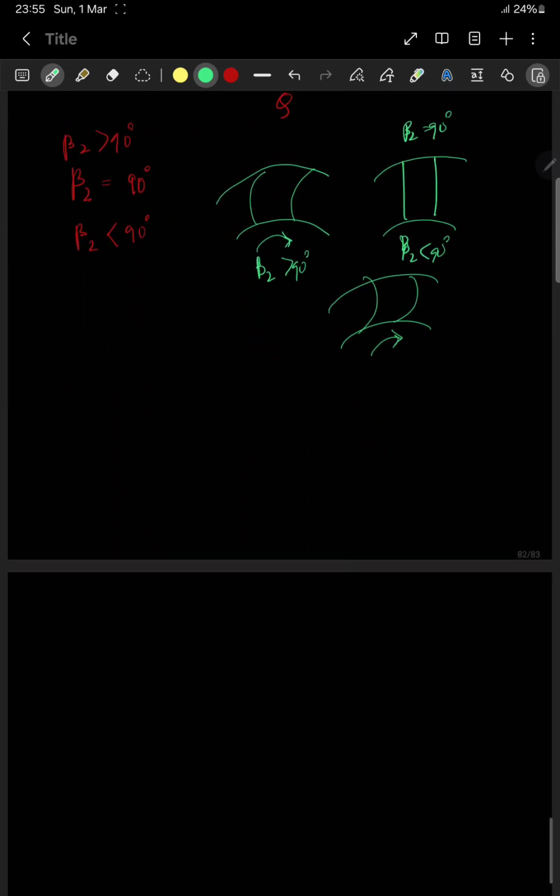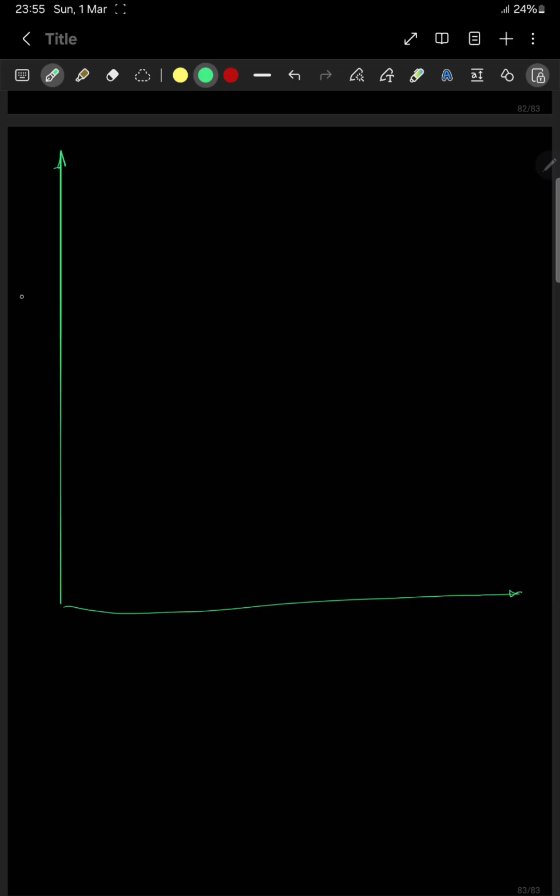Now this part is very important. This is H, this is Q, this is the ideal backward curved vane, right?